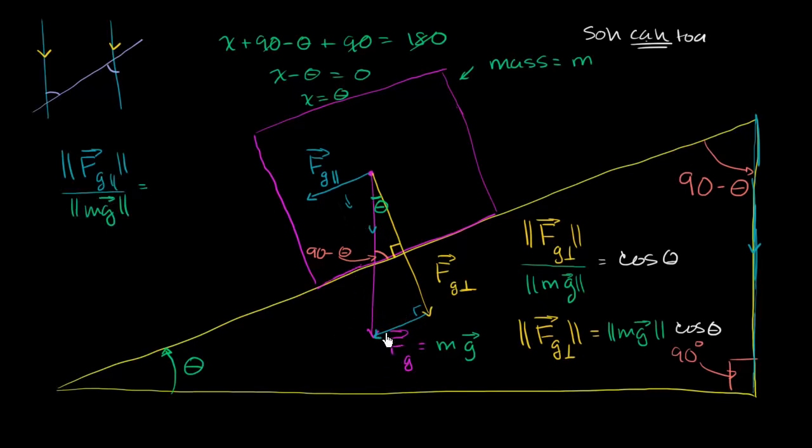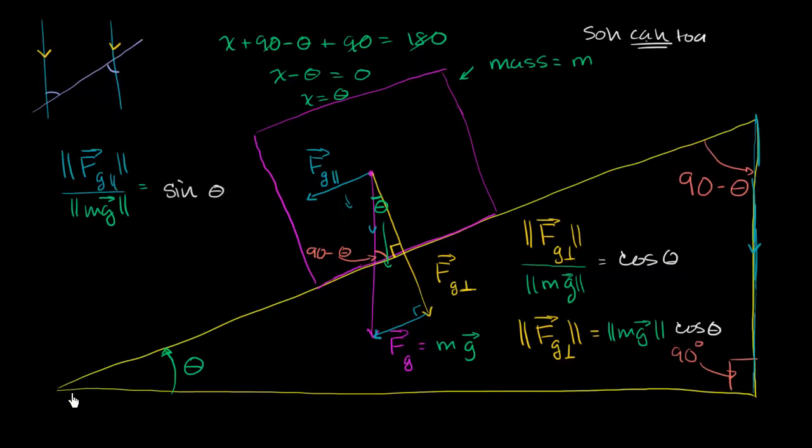This is the opposite side to the angle, and the magnitude of mg is the hypotenuse. Sine of an angle is opposite over hypotenuse. So this is equal to the sine of theta.